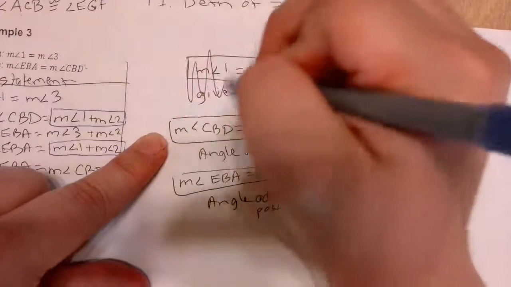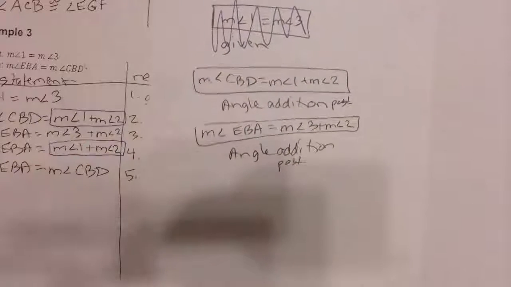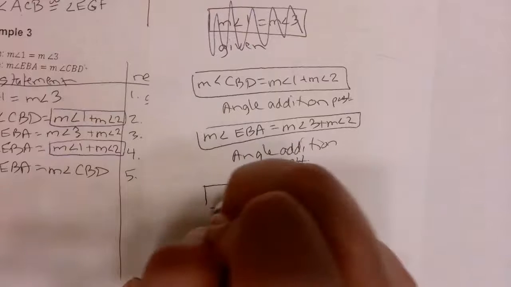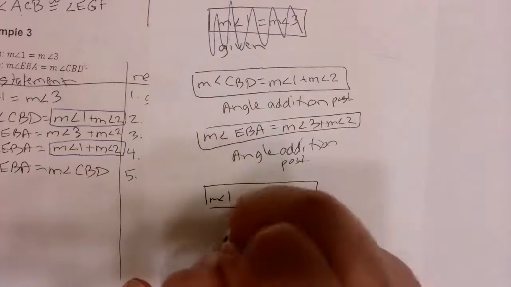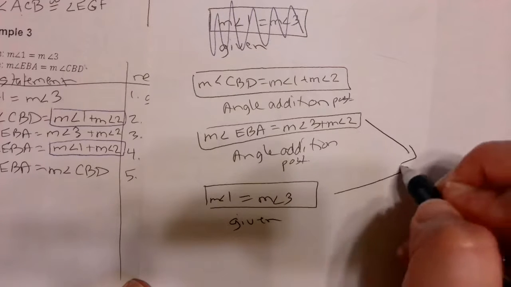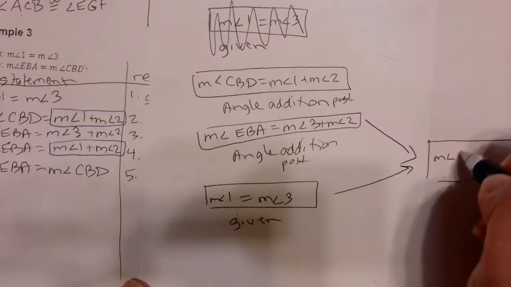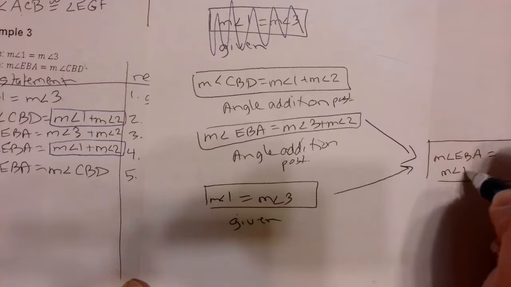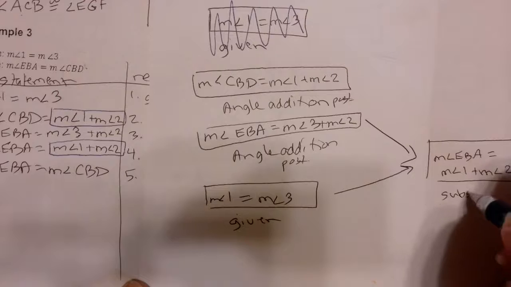So this given, in order for me to be able to flow in the flow proof, I'm going to move it down here. Measure of angle 1 is equal to the measure of angle 3 was given. And now these two combine together by substitution.